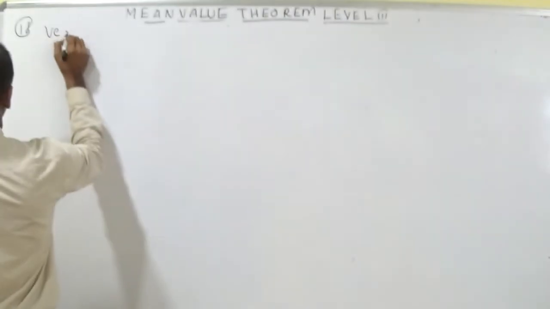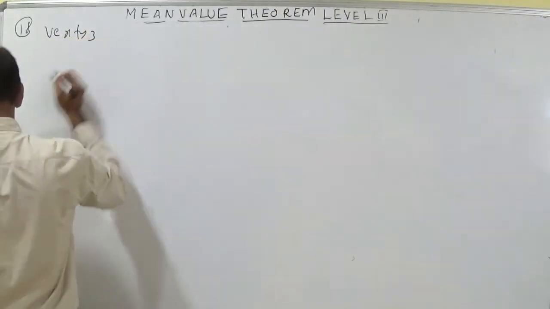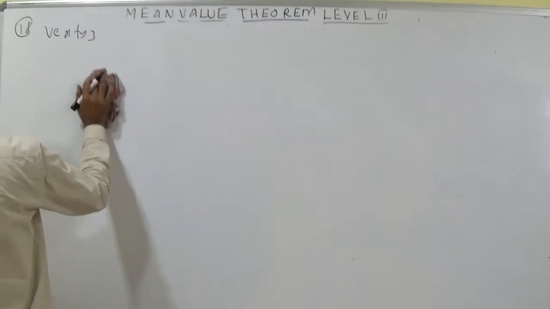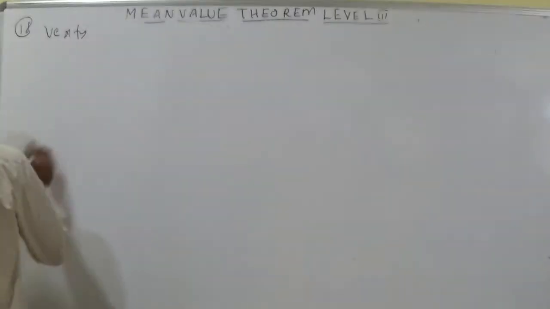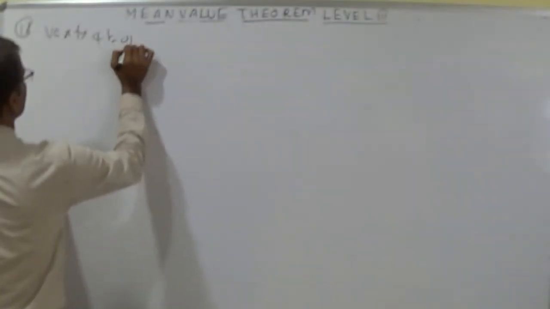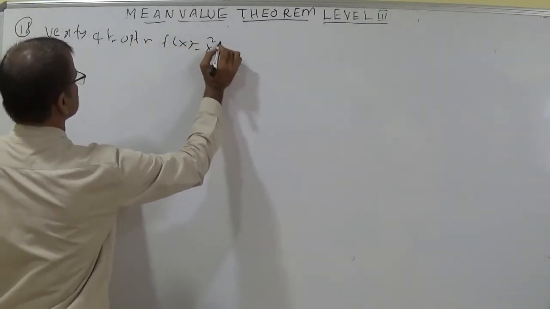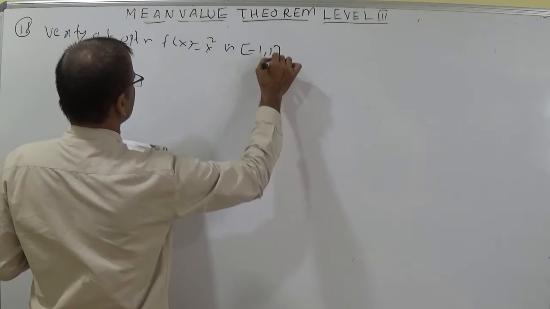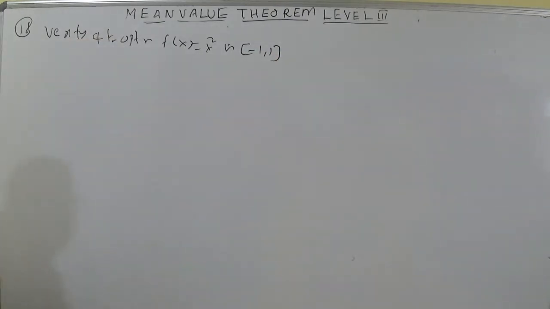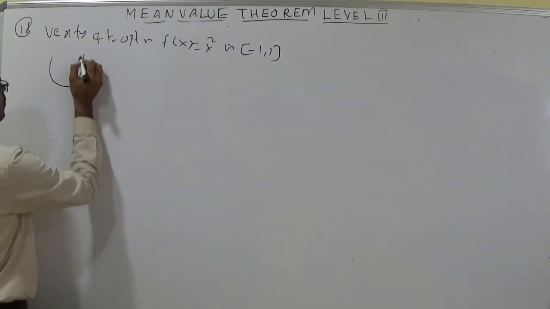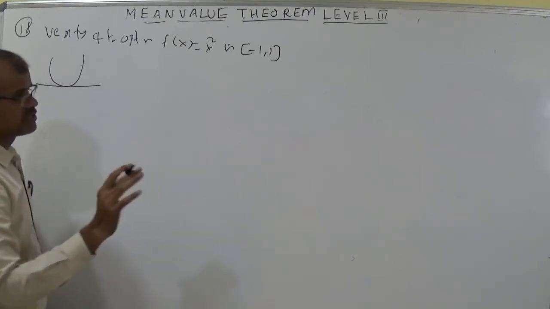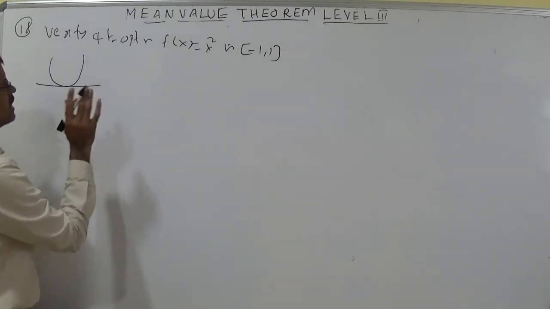So for question 18, directly you can verify the fourth option, where Lagrange's theorem is applicable. Fourth option, f of x is equal to x square in closed interval minus 1 comma 1. y equal to x square is the parabola curve. There is no break. It is continuous.